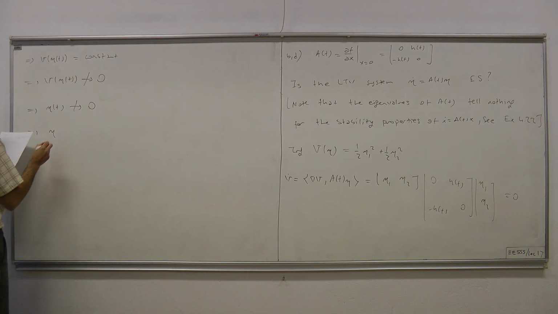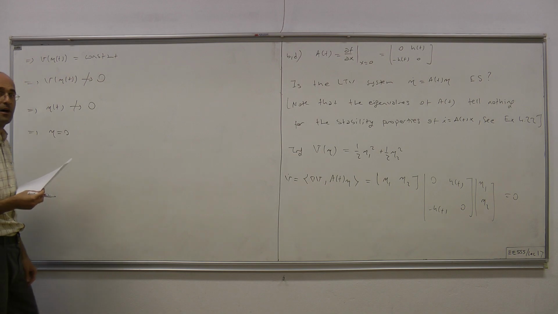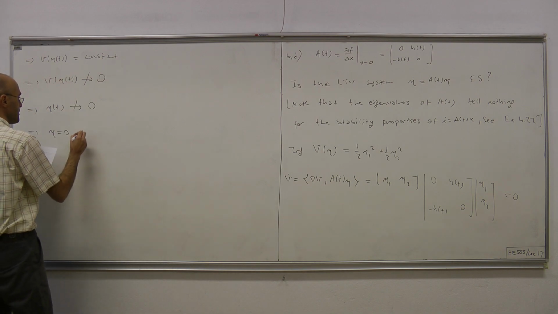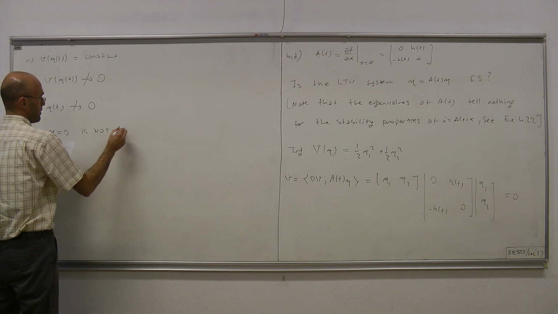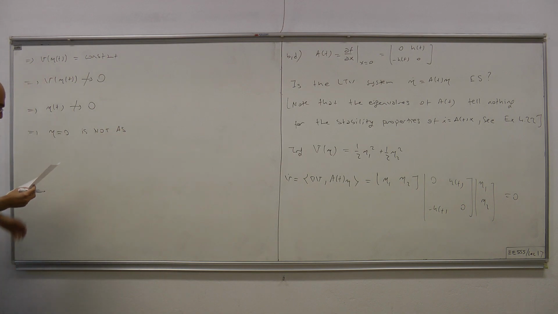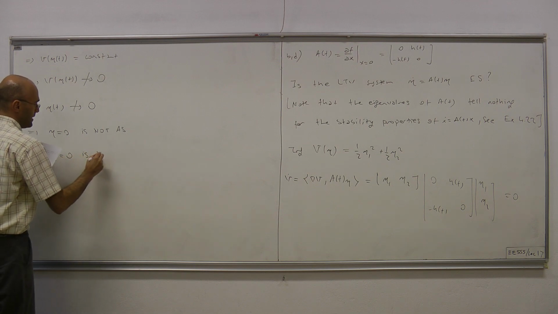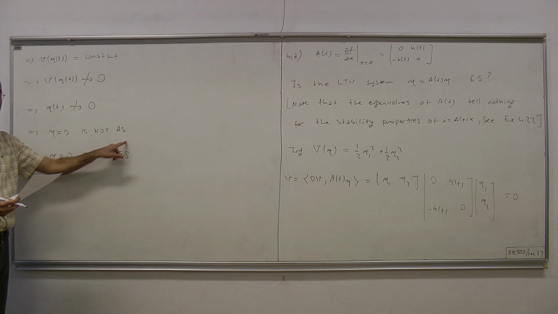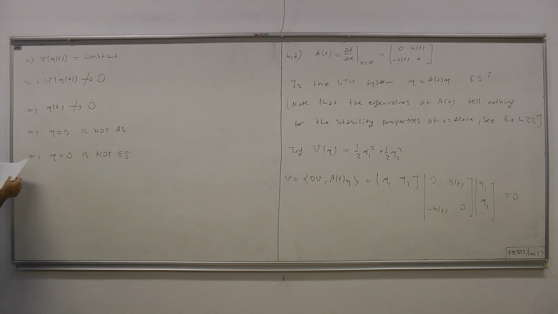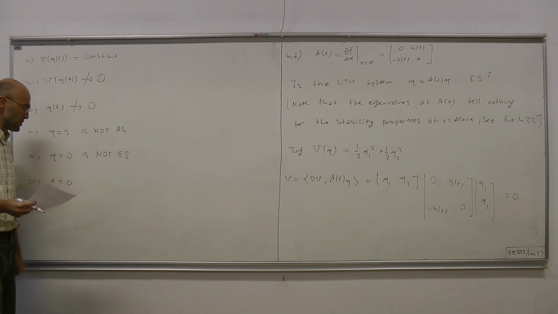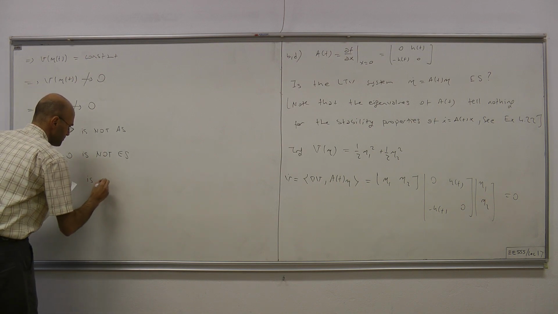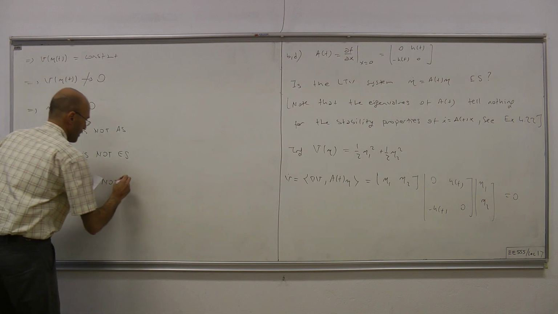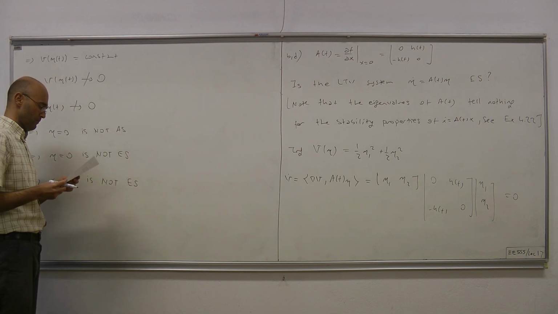Therefore, the origin of the linearized system is not asymptotically stable, because we don't have convergence. Then eta equals 0 clearly is not exponentially stable, because this is an even stronger version of convergence or stability. And then the origin of the nonlinear system, the original system, is not exponentially stable.